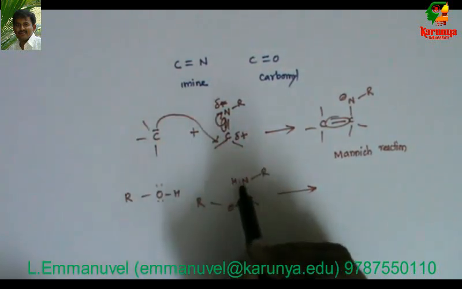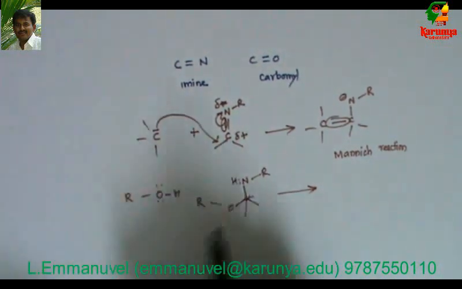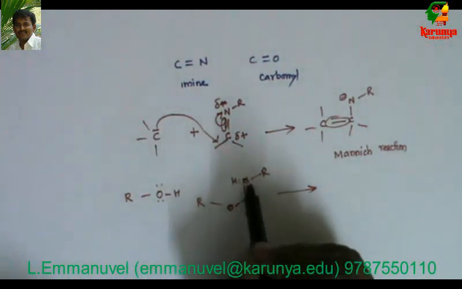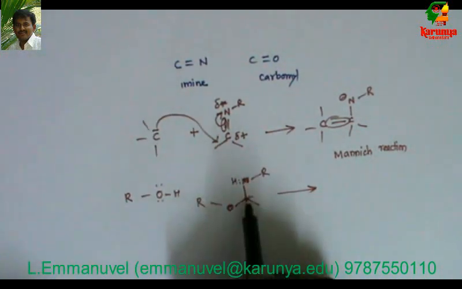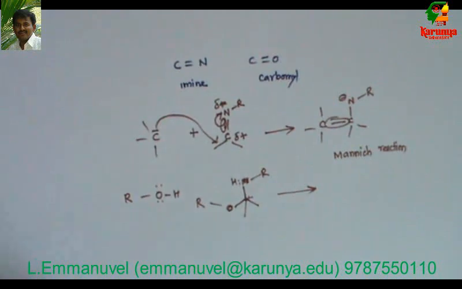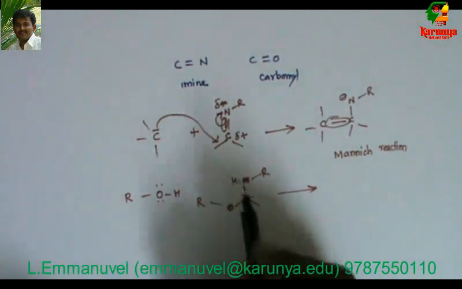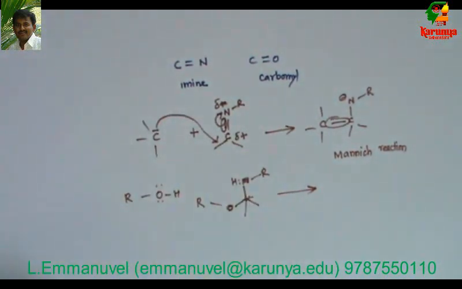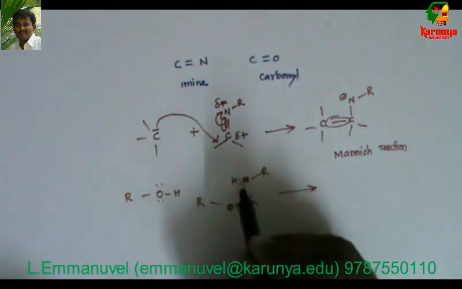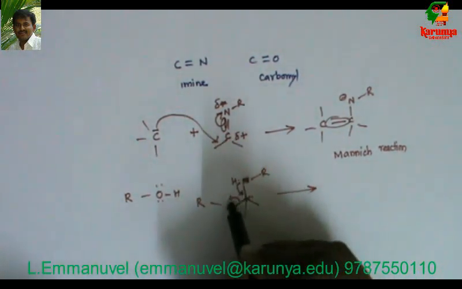So this is unstable because two heteroatoms are attached to the same carbon via a single bond and one atom contains hydrogen. So what happens? This comes back, it eliminates.